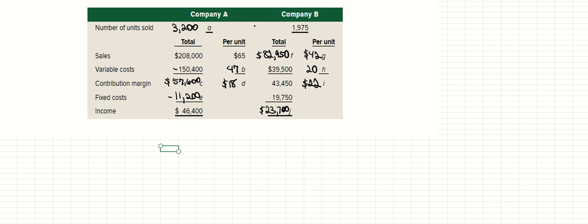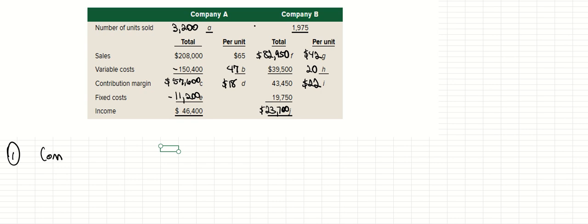Yes, the answers are already there. But again, I want to take this step by step, so that you understand that you have to complete step 1 in order to get to step 2, which is figuring out what the break even in units is. So step 1, we've got to figure out what our contribution margin per unit is.